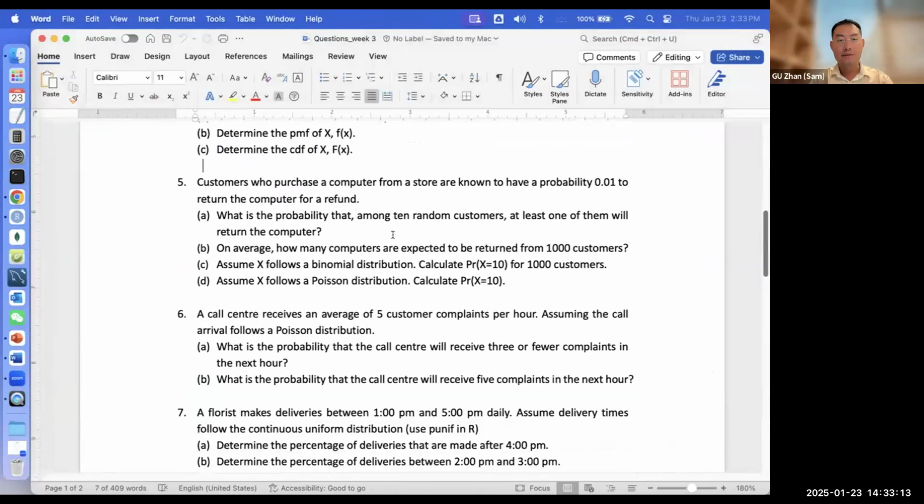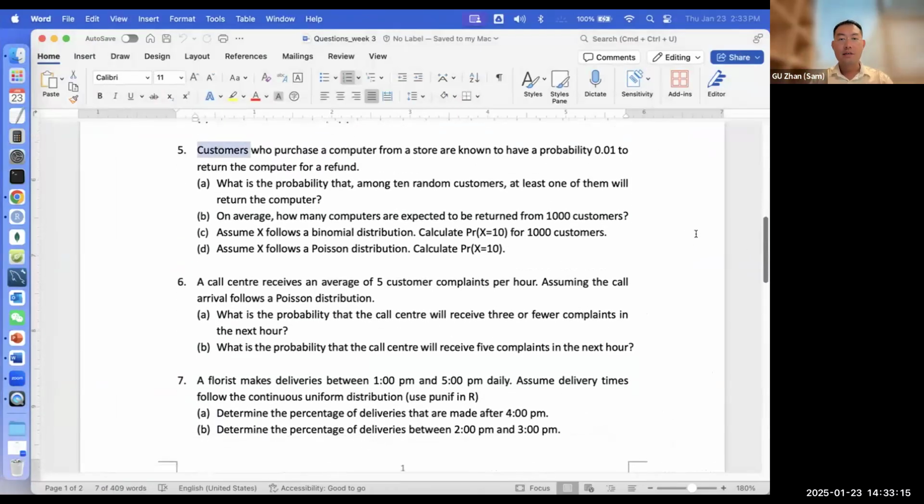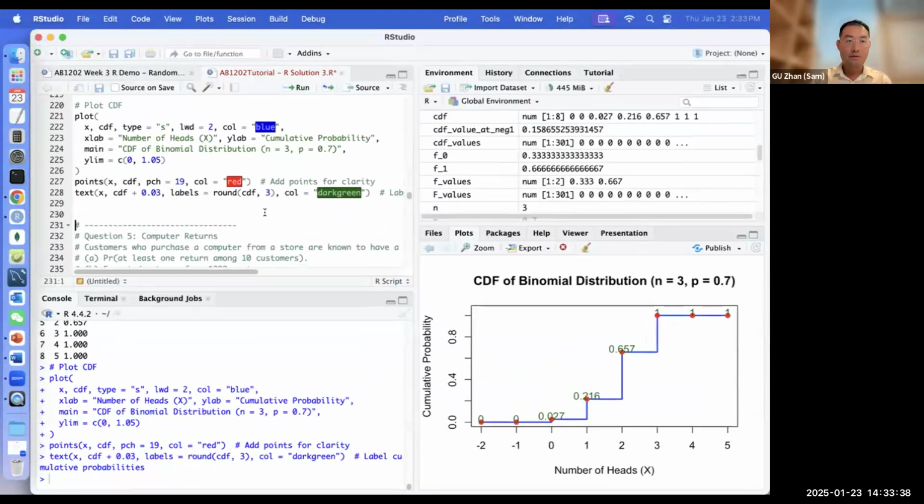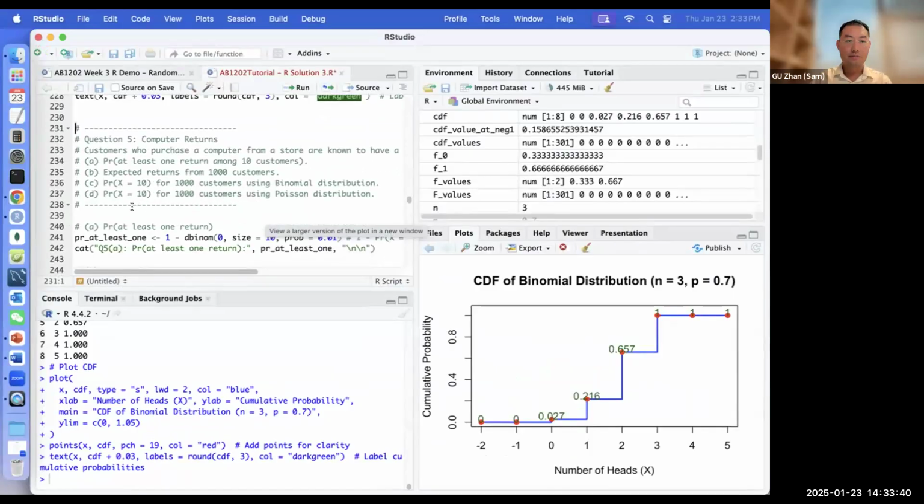Then we look at Q5. Customers who purchase a computer from a store are known to have a probability of 0.01 to return the computer for a refund. What is the probability that among 10 random customers, at least one of them will return the computer? So we'll look at that one by one. Question 5, return the computer.